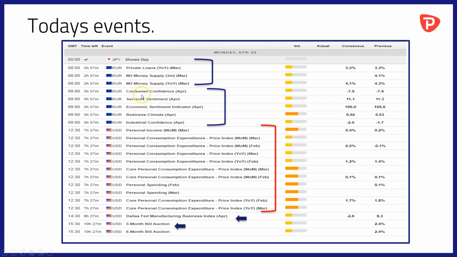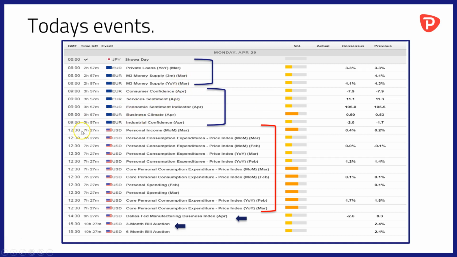Then at 9 AM we cross back into Brussels and Europe and have consumer confidence, service sentiment, economic sentiment, business climate and industrial confidence data for the month of April. So our gamut of industrial and consumer confidence surveys there, a chance just to see how participants are really feeling about the strength or otherwise of the Eurozone economy.